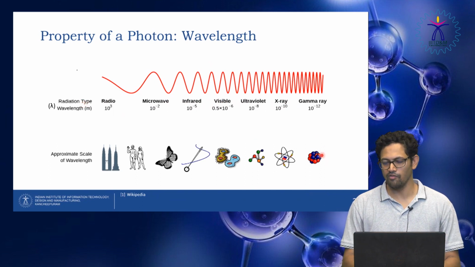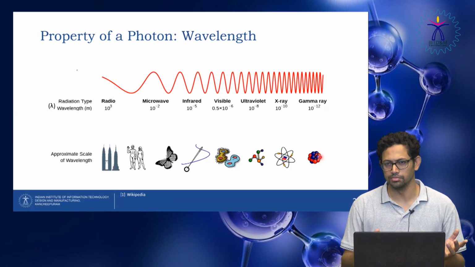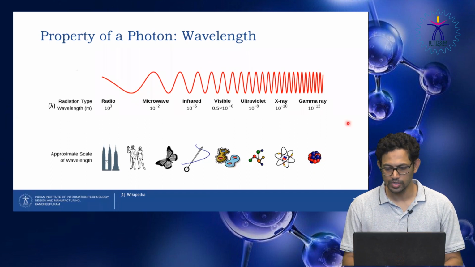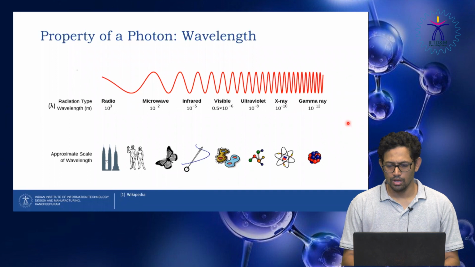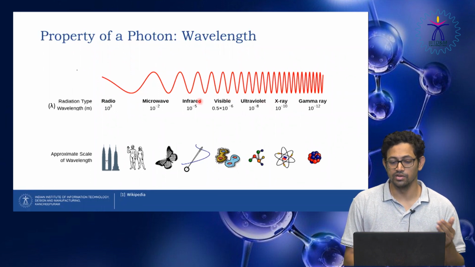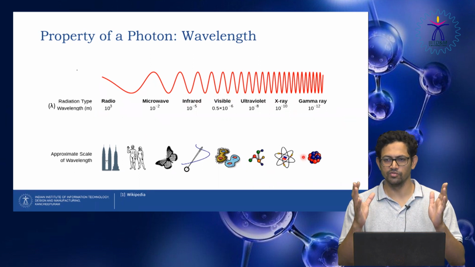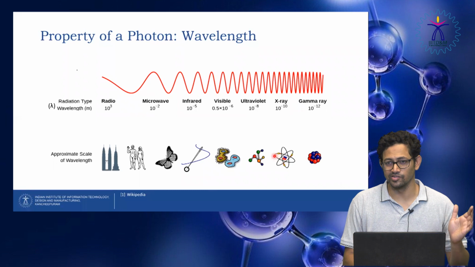Gamma rays have a wavelength dimension of 10 power minus 12 meters, like the dimension of a single proton or a neutron, or even a smaller quark. As you go towards X-ray, ultraviolet, visible, infrared, and microwave, the wavelength increases.